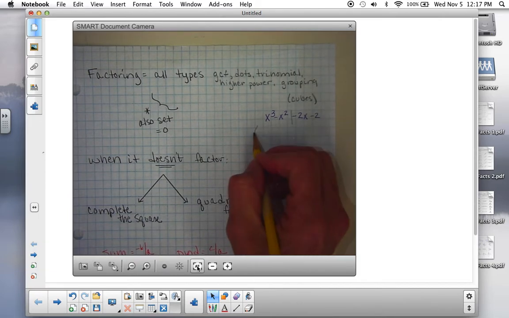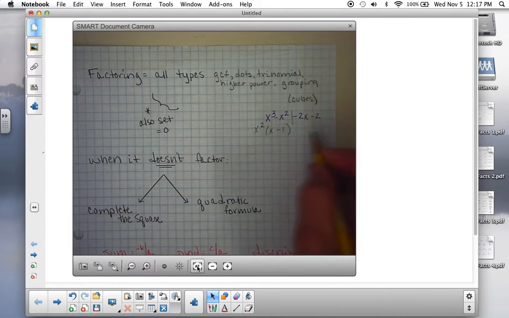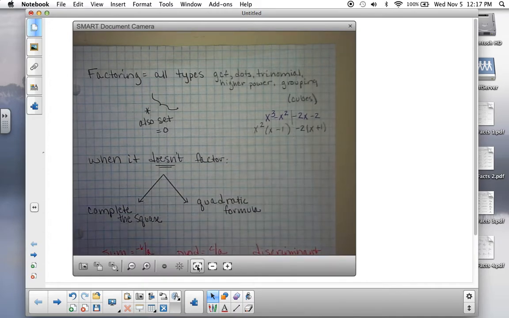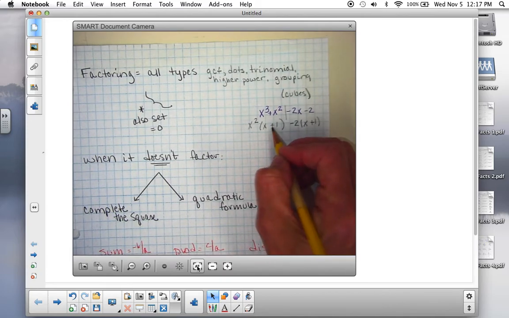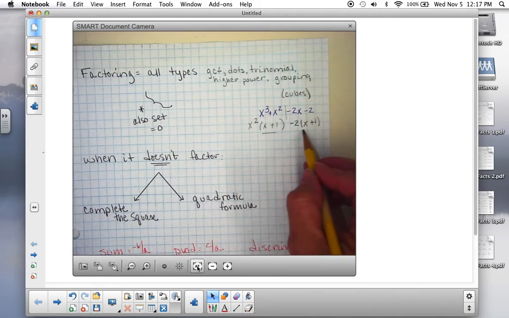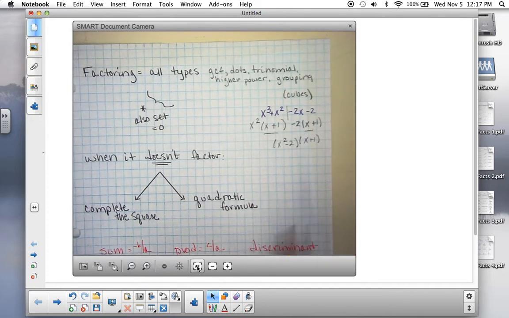So here we would GCF 2x squared and do x minus 1. Here we would GCF a negative 2, and let's say we have x plus 1, shoot. Let's pretend this was a plus. And then the one that came in common gets written just once, and the other stuff gets set into the other parentheses. So those are my factors there.